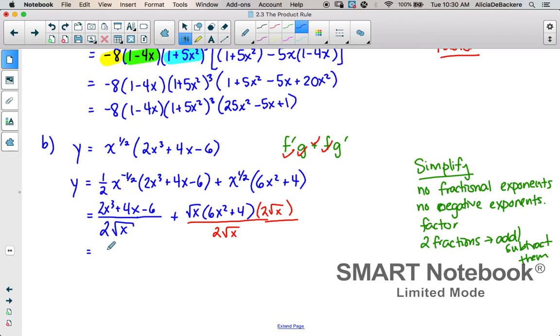So what I've got now is 2x cubed plus 4x minus 6. And over here, when I multiply the root x times the other root x, that just turns into an x. So what I've got actually is plus 2x times the bracket. And that's all over the common denominator. Then I can multiply the 2x into the bracket.